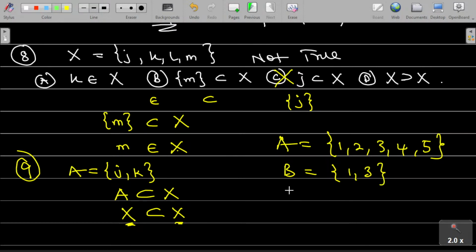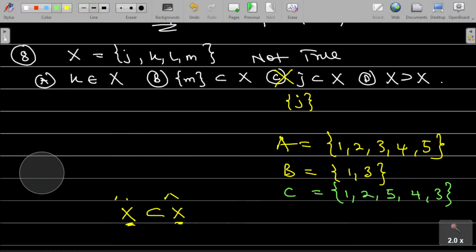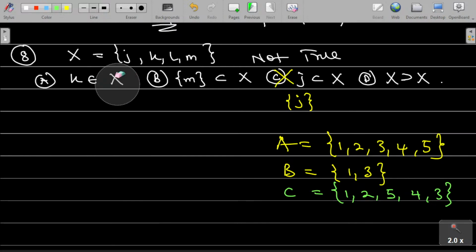And then let's say C is equal to 1, 2, 5, 4, and 3. Let me ask, is A and C, are they equal? Let me get your response. A and C, are they equal?